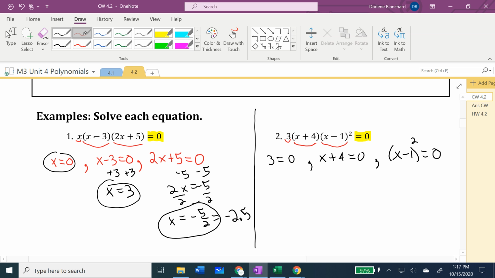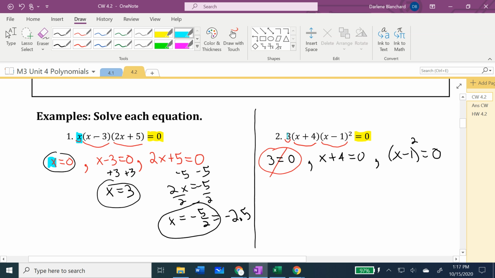Now, what value of x will allow 3 to equal 0? None. Now, when you see just a constant multiplying in front, as opposed to, I want to emphasize over here, you had an x. And when I wrote x equal to 0, that gave me an answer.